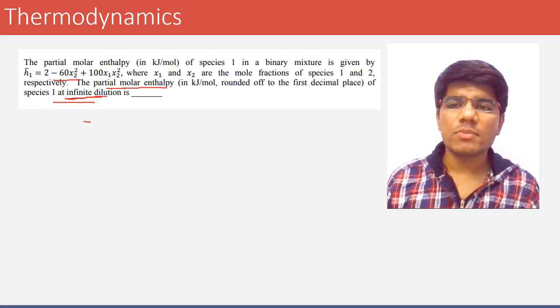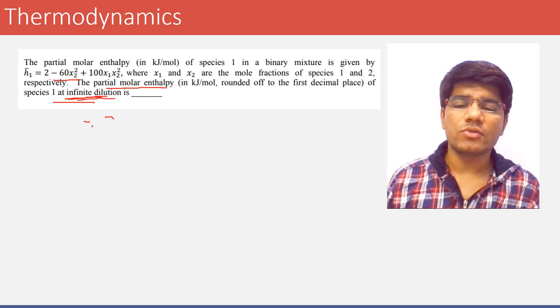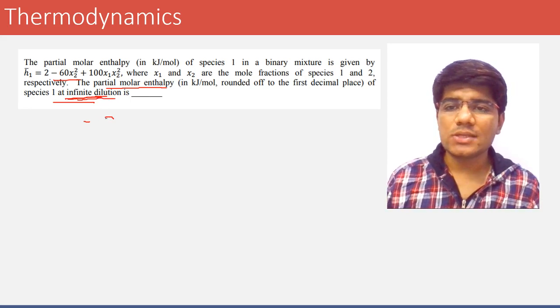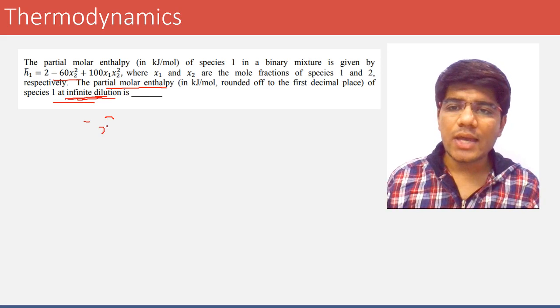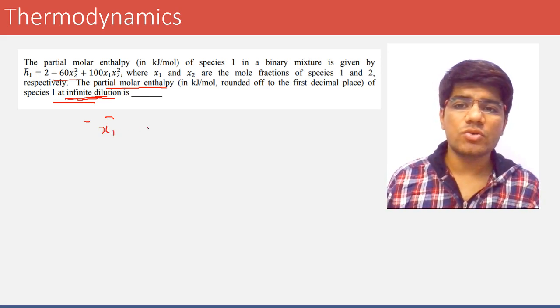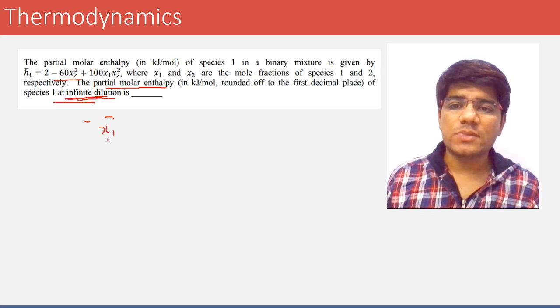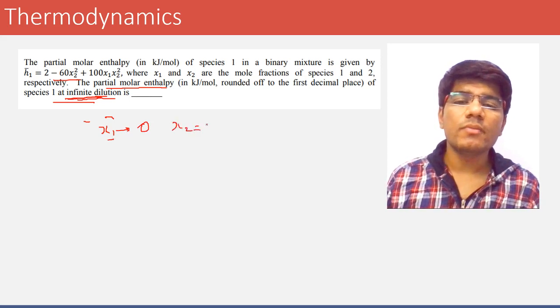Infinite dilution means we are diluting up to infinity. So if we are making the solution dilute for species 1, then x1 will automatically tend to 0 and x2 will become 1.